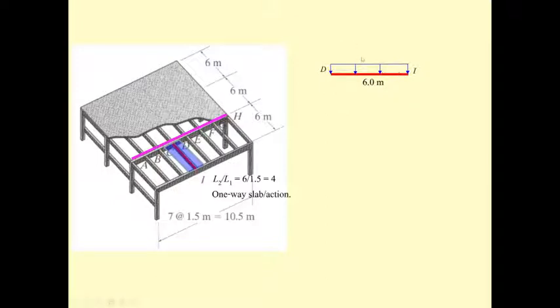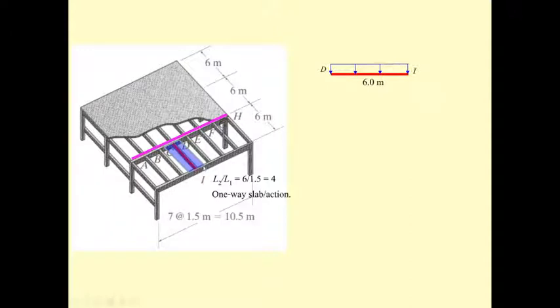What is going to be the value of the load? The value of the load will be computed from the area of the floor that covers the beam, and since it's a uniformly distributed load, we are going to consider only 1 meter. For the 1 meter of this area, we multiply by the distance that the beam takes the load for.